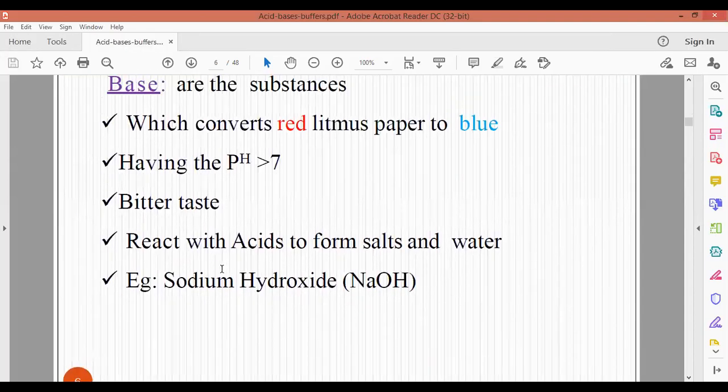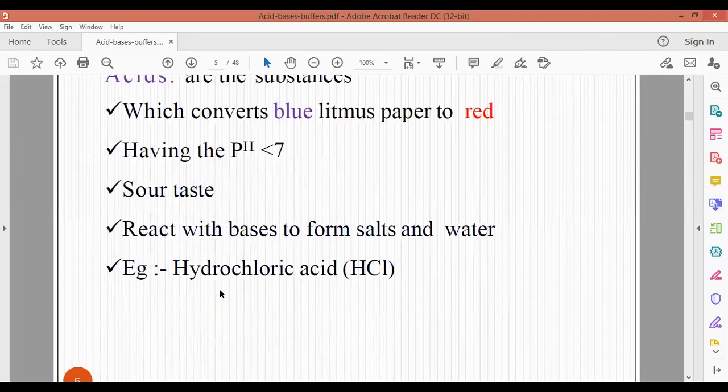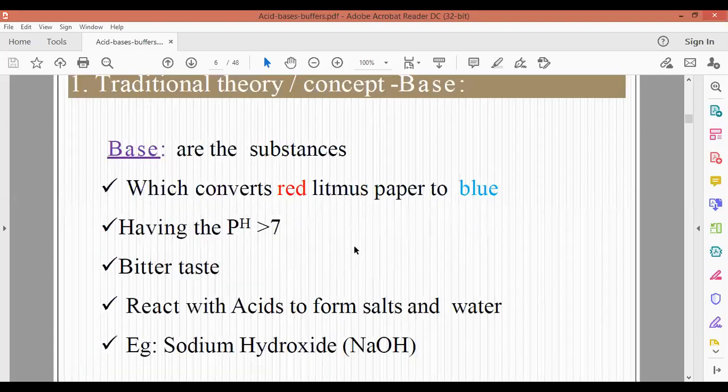So hydrochloric acid is the example of an acid, and when that acidic compound reacts with the base, it forms salt and water.